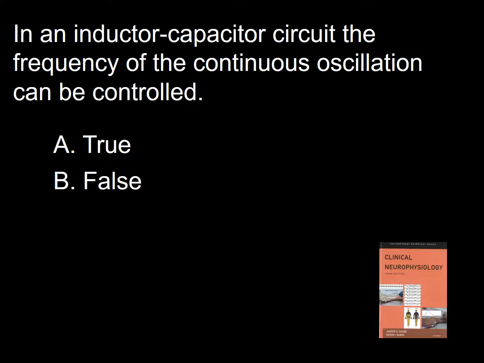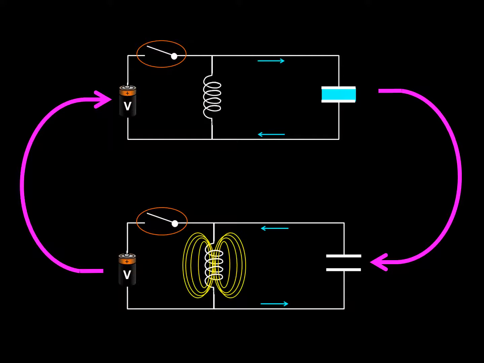Next question. In an inductor capacitor circuit, the frequency of the continuous oscillation can be controlled. A, true, B, false. It is important to understand that by manipulating the sizes of the capacitor and the inductor of a capacitor-inductor circuit, we can develop a circuit that would have a specific oscillation frequency.